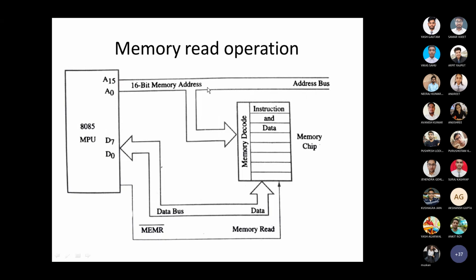So here, whenever the control signals are there, on the data bus there will be a particular memory location. Here you can see the stack and program counter are 16-bit registers, which will also have some instructions.